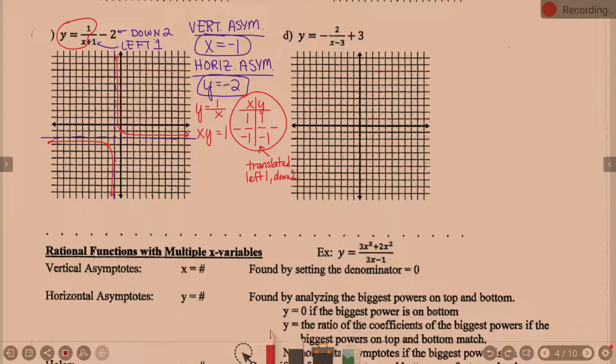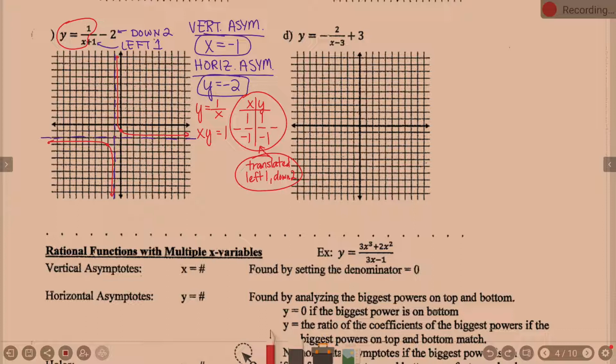So if you need that thought, we took those points and translated them. My thought is, that's why I graphed the asymptotes first. Because you graph the asymptotes and then you don't even think about translating. You just put them on the new asymptotes. Are you finding a way for this to work one way or the other for you? And we have one more example here to get it kind of sealed up.